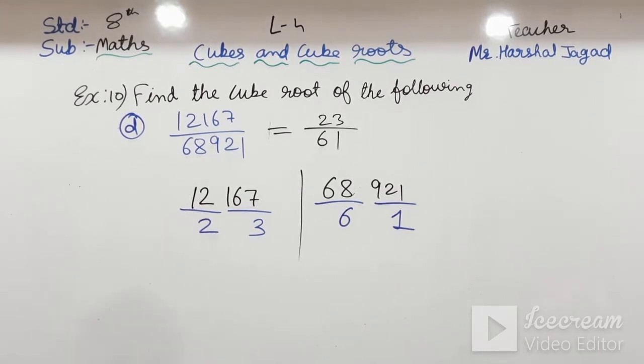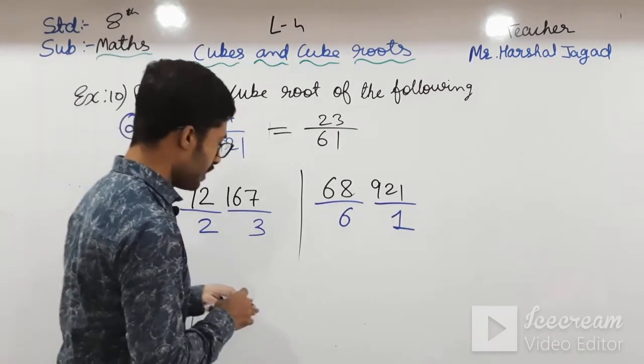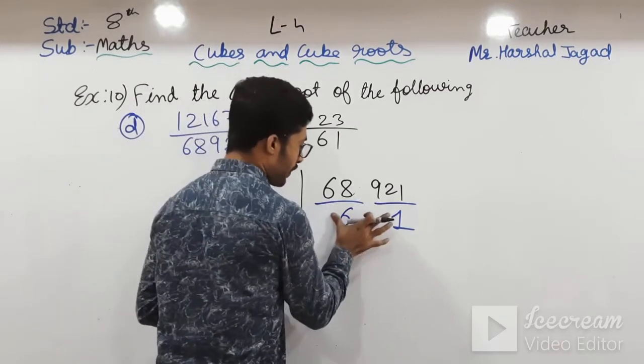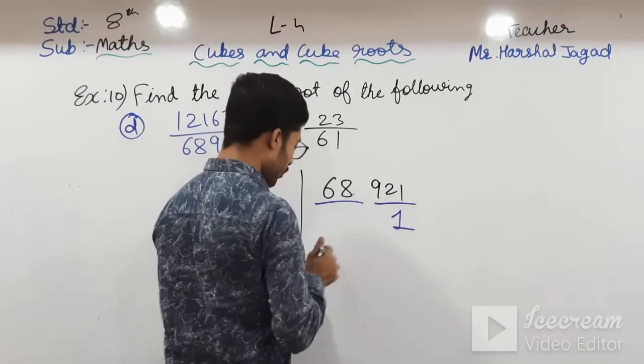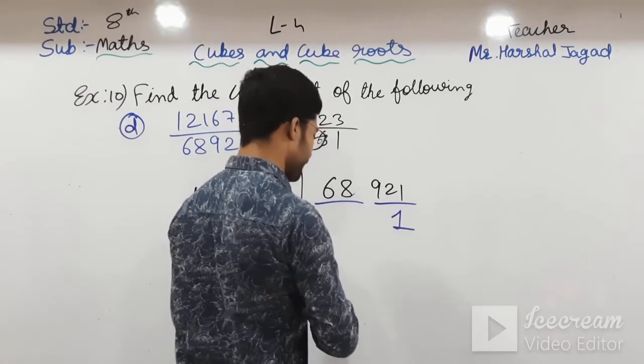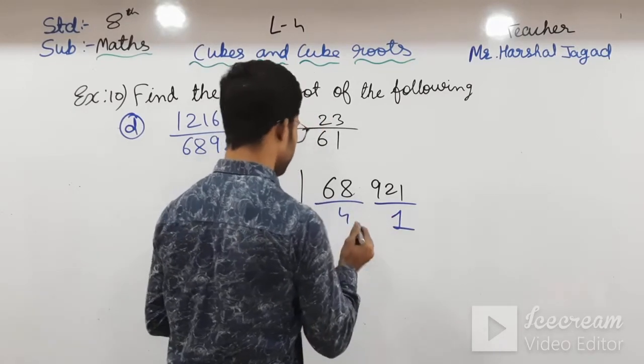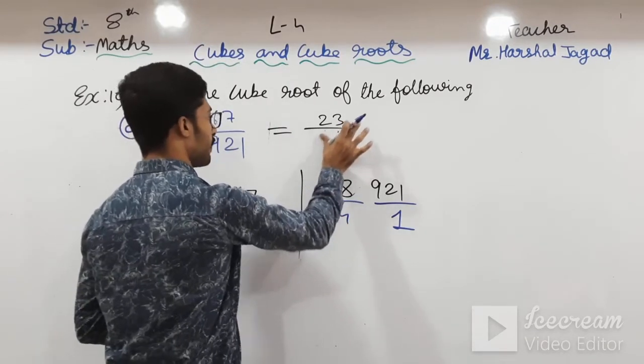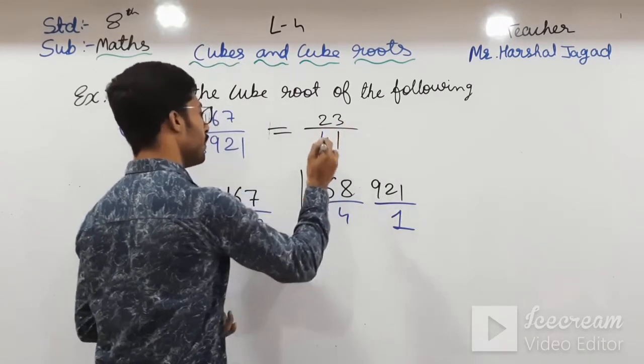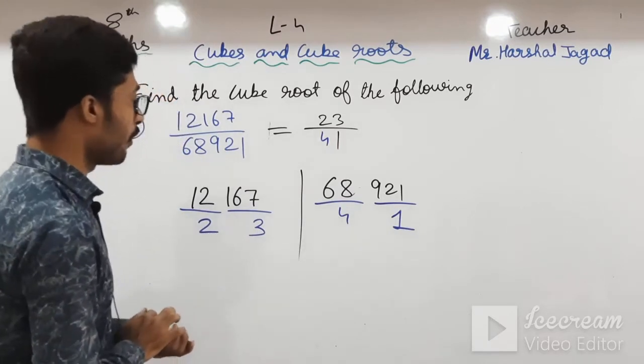Sorry, students, we have made one mistake over here. The cube of 4, not 6. The cube of 4 is 64. So here it will come 4. Okay, students, so now please note this down.